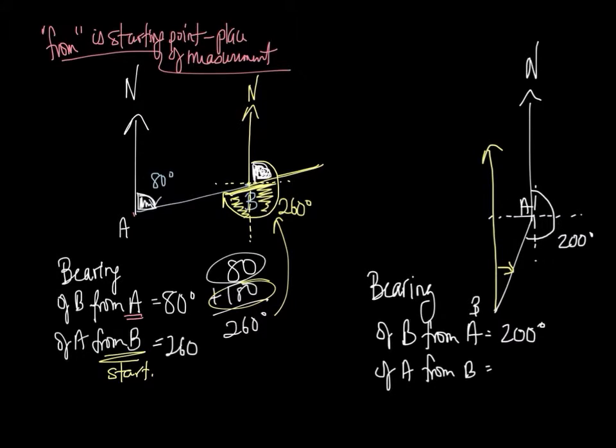And see how that's actually a very small angle here. Before, I started with an acute angle, a smaller angle, and ended up with a much bigger return. Here I start with a big initial angle, and my return back is small. So what you do mathematically on this one is 200 minus 180, not plus 180, and you get the answer of 20 degrees.